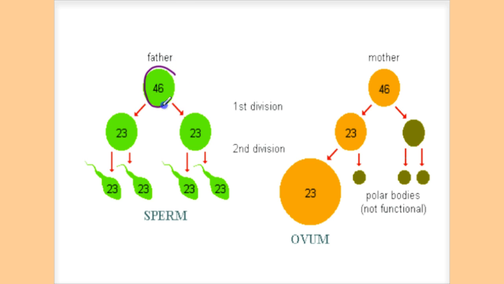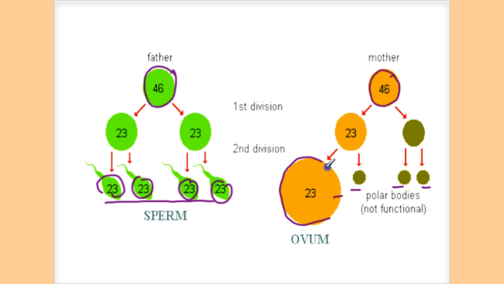So in males, we start off with 46 chromosomes, and each sperm contains 23 chromosomes. 4 sperm cells are made by each division. However, in females, yes, we do make 4 egg cells. However, only one of them matures to become an egg.